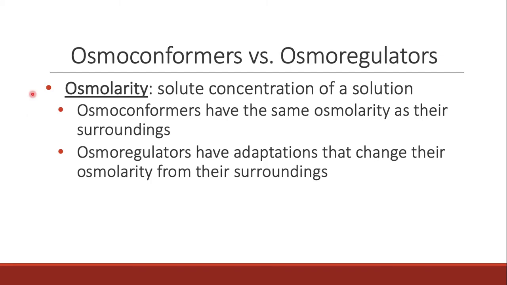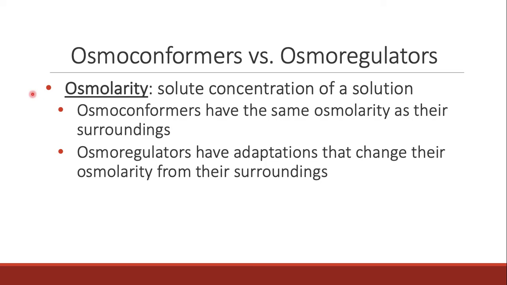And when you have a lot of solute in a solution, you're hypertonic, and when you have less solute in a solution in comparison to the environment, you're hypotonic. If you have an equal amount of solute in your solvent as the environment you're in, you would be isotonic. And remember that in osmosis, water always moves towards where there's more solute, almost in an attempt to dilute it, because water is attracted to the solute.